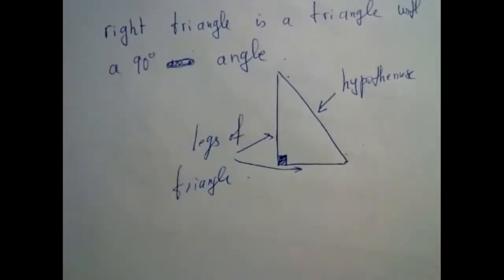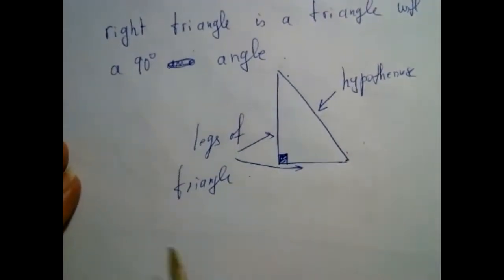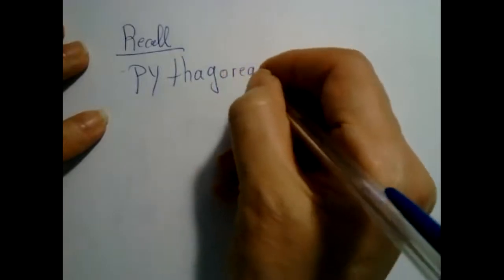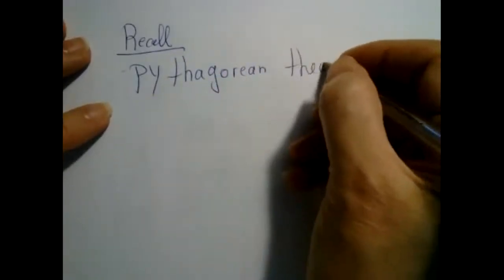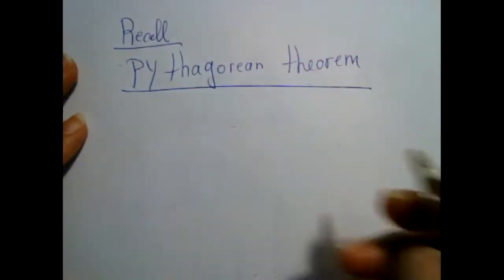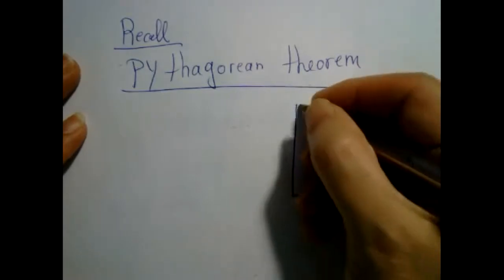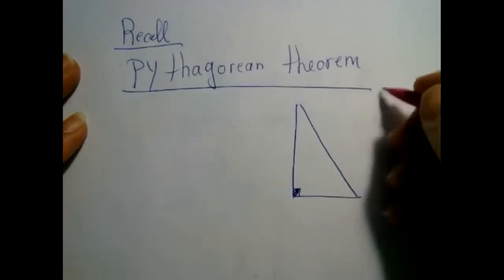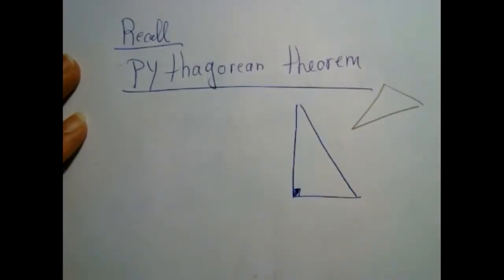Now, whenever we have a right triangle, we have the famous Pythagorean theorem, which we have to remember because it's important. It was a revelation when it was discovered. The Pythagorean theorem tells me the following. If I have a right triangle, and that's crucial, it has to be right, because it doesn't work if my triangle is like this, which we're going to talk about next time.